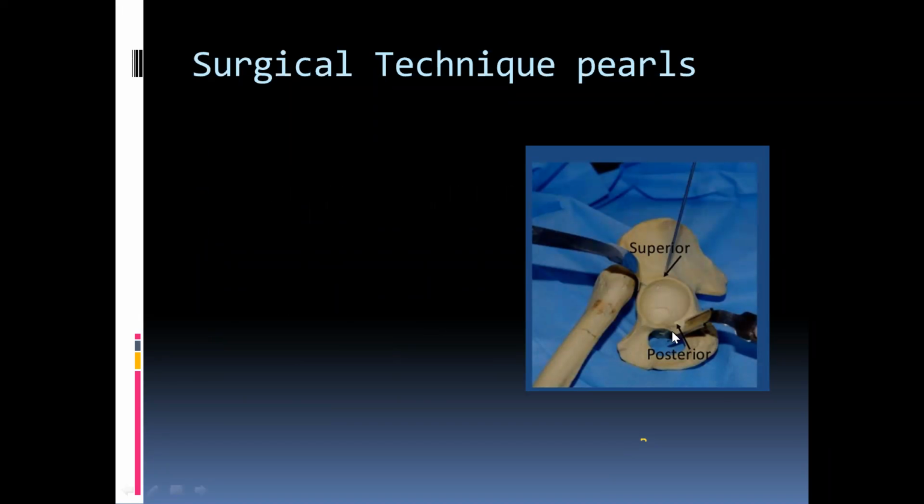This is the Hohmann retractor. The curved Hohmann in this picture shows preservation of the posterior part and inferior part, especially the transverse acetabular ligament.